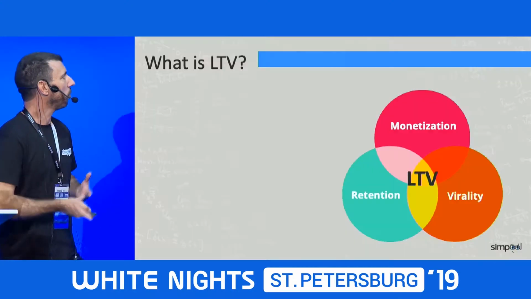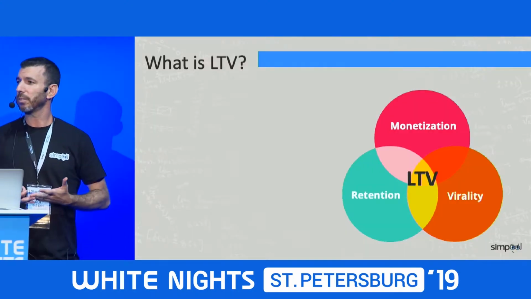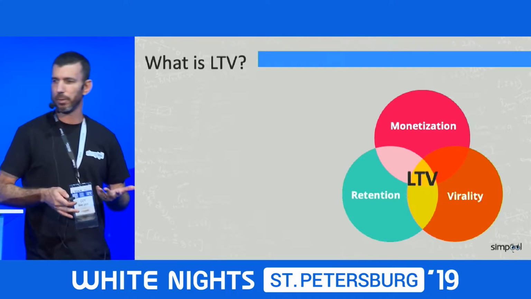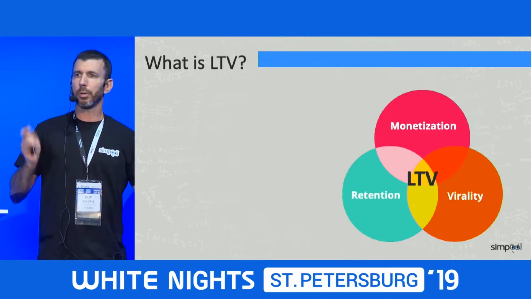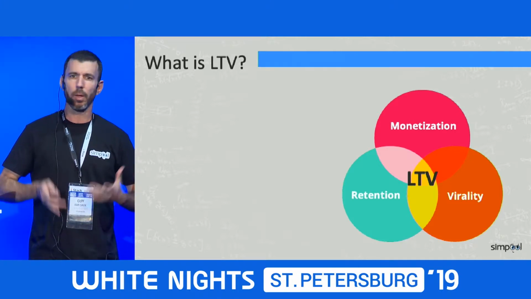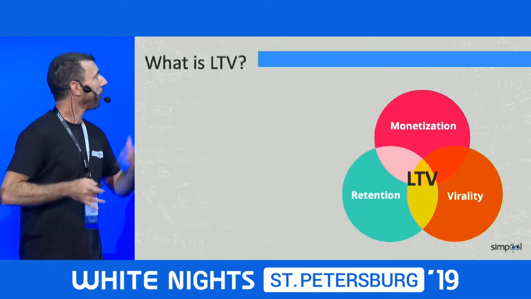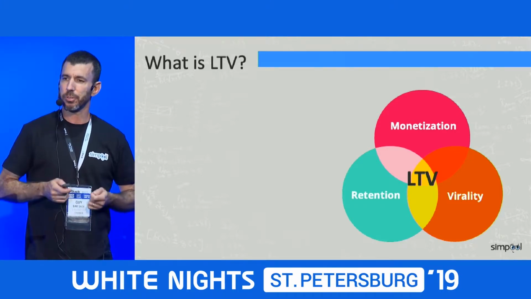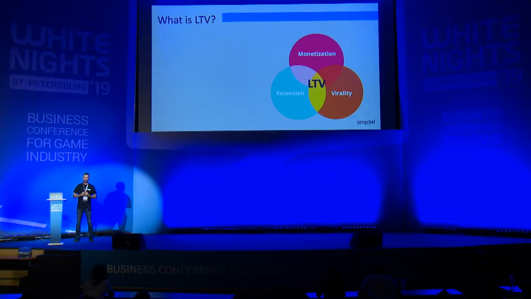All right? So let's talk about how it reflects on our calculation for lifetime value. In its pure calculation, lifetime value is built from the way we monetize and the way that we return our users, the way we are pulling them back to the game and how attractive it is. When we're talking about user acquisition, there's also the viral effect, which in most cases helps us to decrease the relative cost per user, what we call effective CPI.